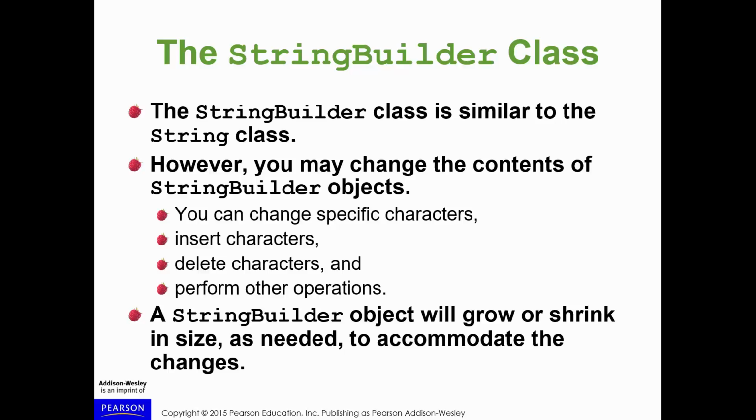Notice the second bullet because that's the key thing. You may change the content of StringBuilder objects. Quite often you'll do things like this if you're going to use StringBuilder. You might ask the user, what is your first name? So you've got a string called first name, and I put Jeffrey in there.